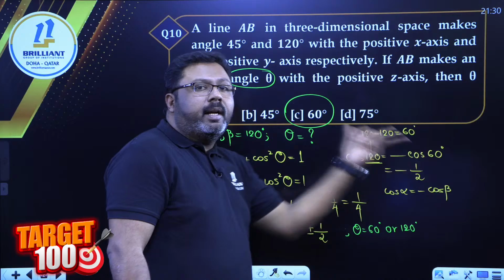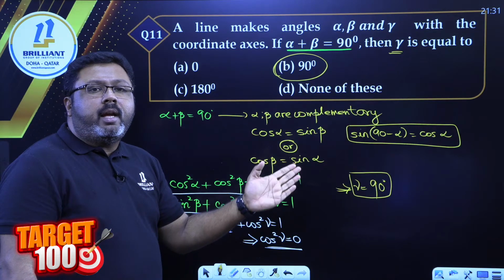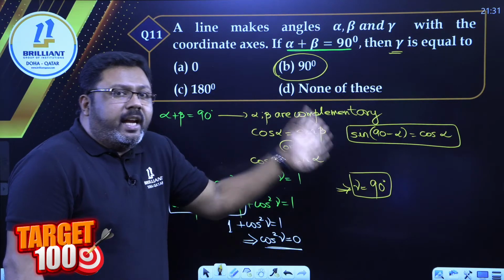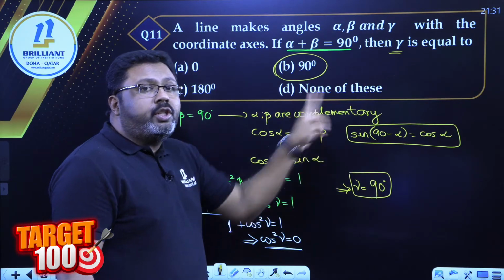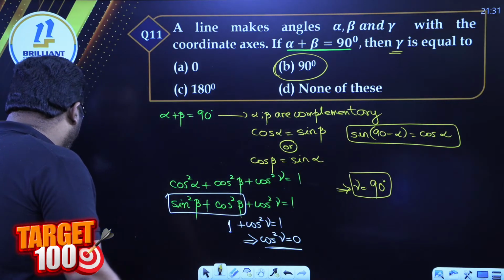But this time it's complementary. For complementary, the sign does not change, but the ratio changes. Sine becomes cos, cos becomes sine, and the angle also changes.